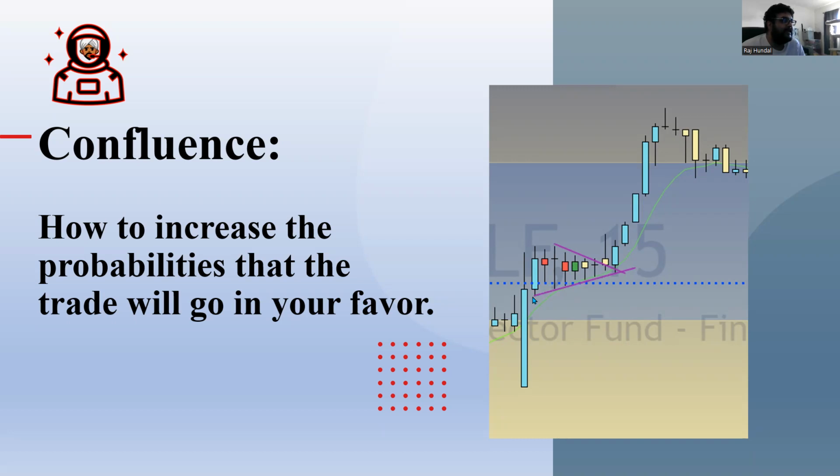So right there, that is three confluences working together to increase the probabilities of my trade. You can set your stop at any of these three levels: on the other side of these buying wicks, on the other side of this EMA, or the other side of this bull flag. Those are three confluences that are going to help you with your trading.